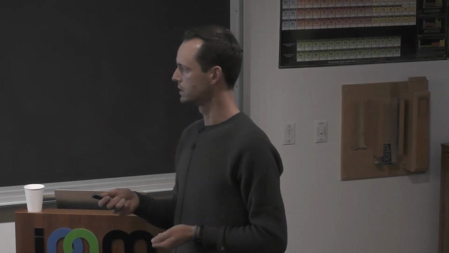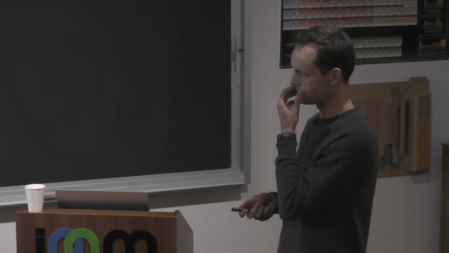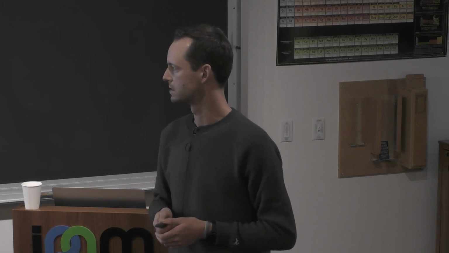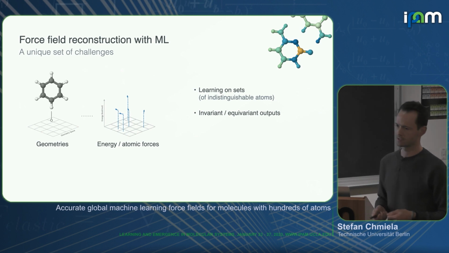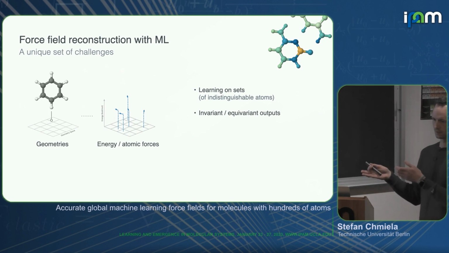So for example, one of those unique challenges in this application is that we are learning on sets, right? Because atoms are indistinguishable, and that's something that in traditional machine learning applications doesn't appear very often. Then there's several invariances and equivariances that the labels present.